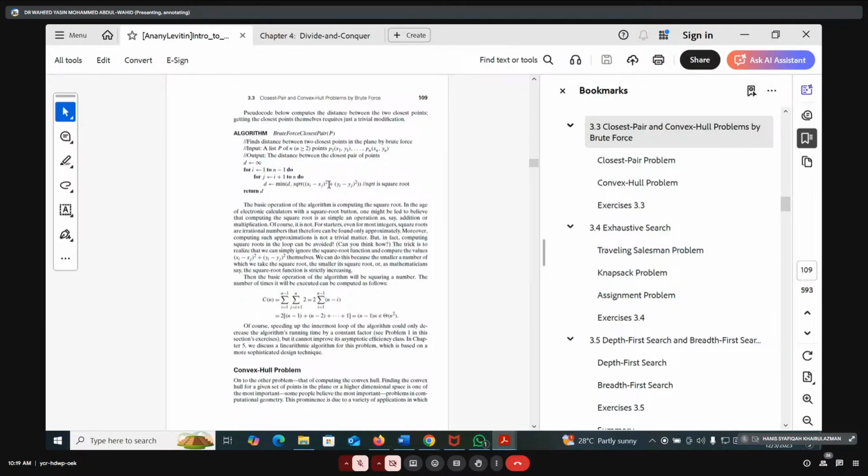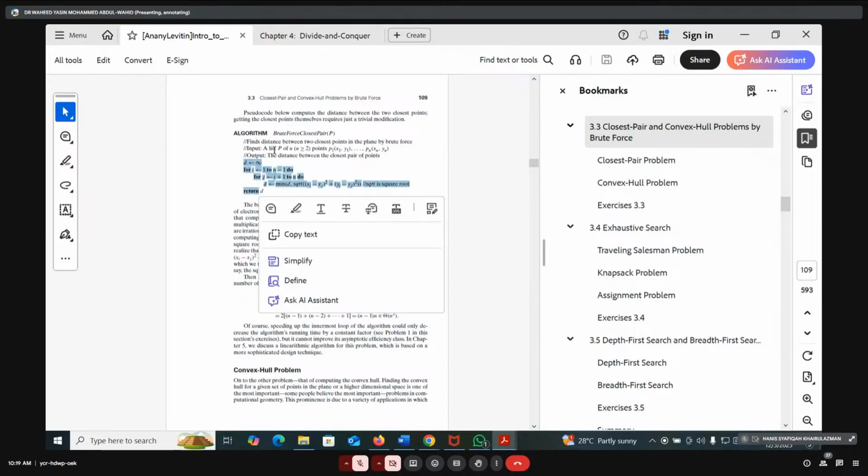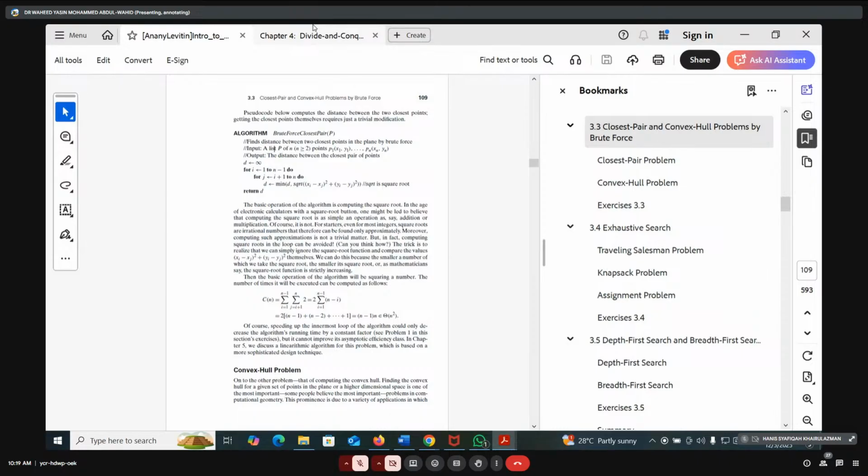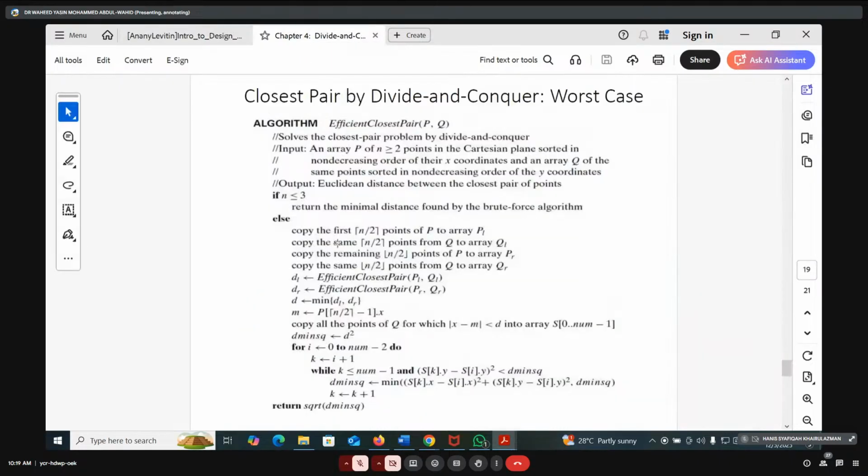This is the square root for the Euclidean distance. This is using brute force. This is the case if we have n less than or equal to 3.